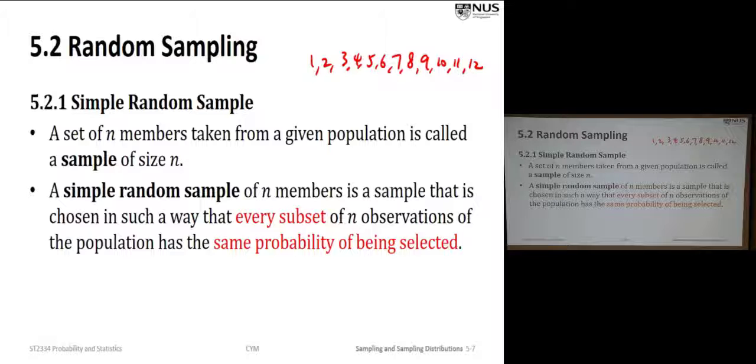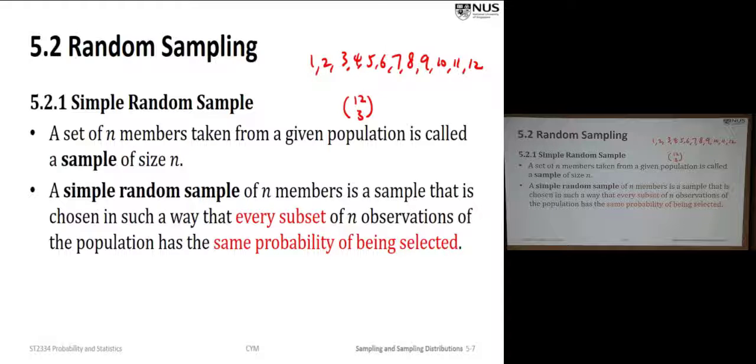That means any 3 of them have equal chance of being selected. How many samples of 3 can we select out of 12? So it's 12 choose 3. This is the number of ways that you can select 3 out of 12. So that is how many samples you can get.